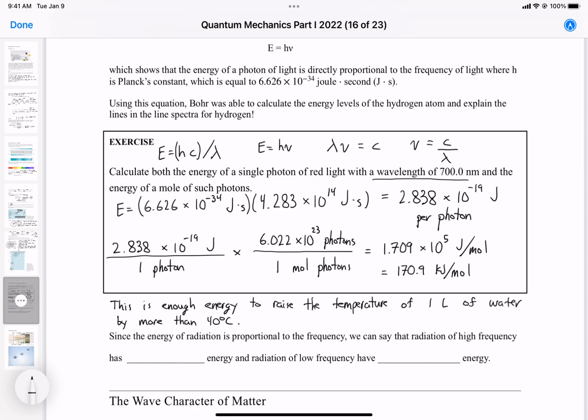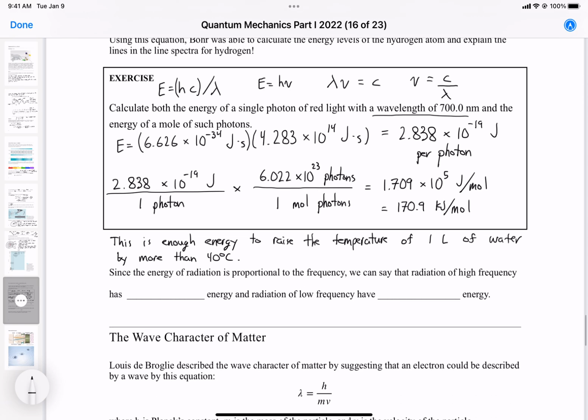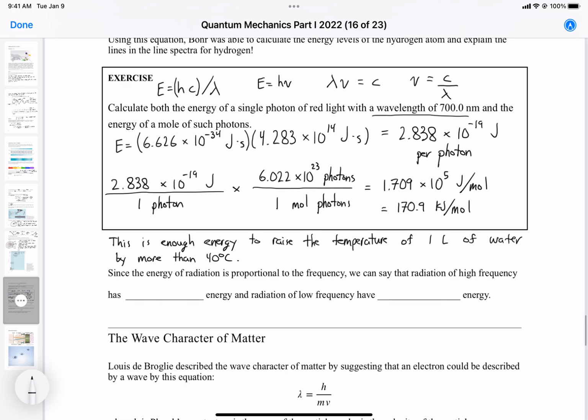If we're given the wavelength, we can also calculate the energy. Since the energy of radiation is proportional to the frequency, radiation of high frequency has high energy, and radiation of low frequency has low energy. If you think about cell phones, they emit radiation too, in the form of radio waves, because it's communicating with a radio tower.